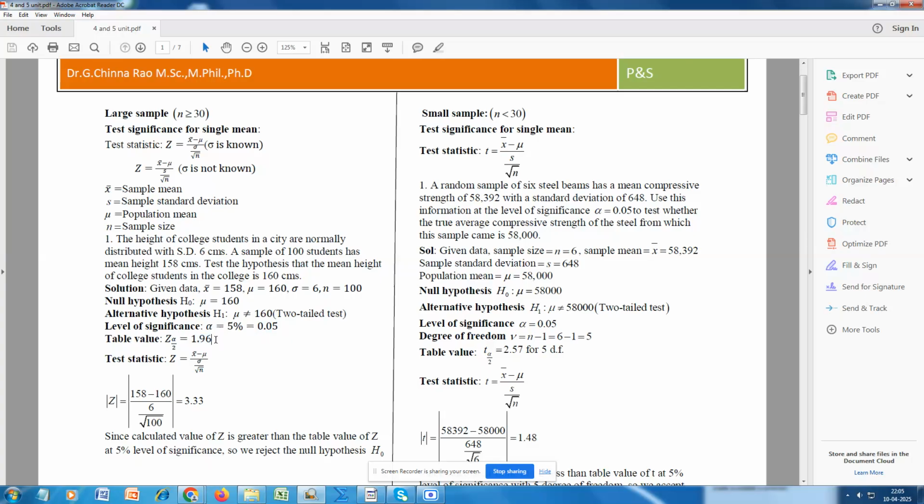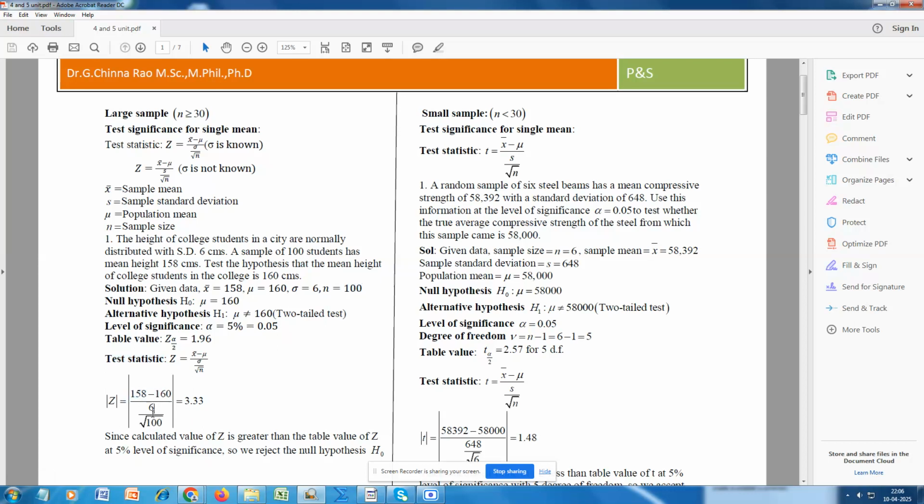You have to remember this. The test statistic for a large sample for a single mean is z is equal to x bar minus mu by sigma by root n. Now calculate this. Here x bar is 158 minus mu is 160 by sigma is 6 and n is 100.